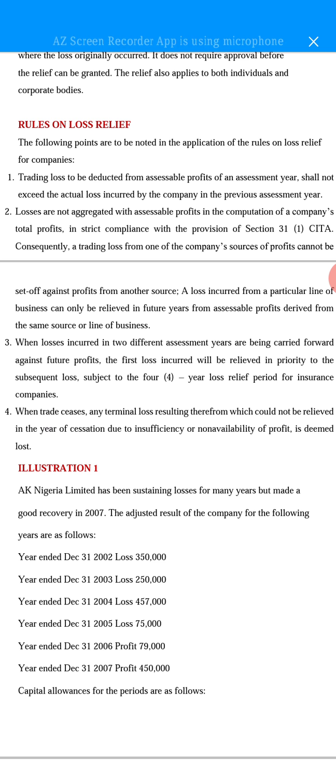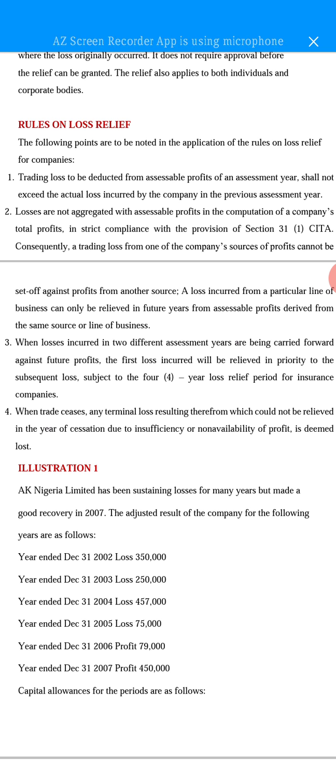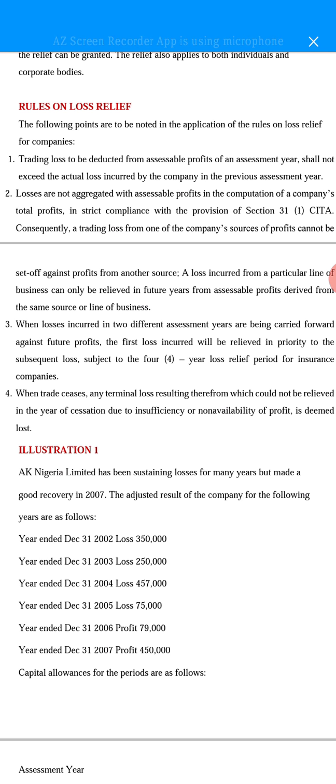That is to say, the trading loss to be deducted from the assessable profit in any year of assessment should not exceed the actual loss incurred. A company might incur a loss of 100 million or 1 million, and due to basis period adjustment, there might be a possibility that the loss might exceed the actual loss.